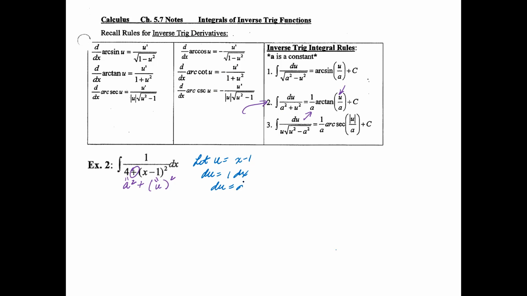So du equals dx. Now that we've established that, we also know that a squared is equal to 4. So then a is going to be equal to 2.